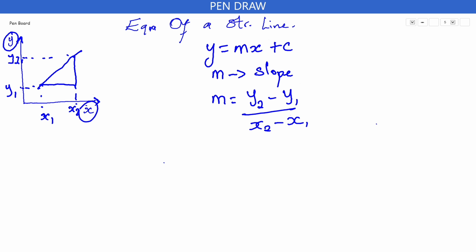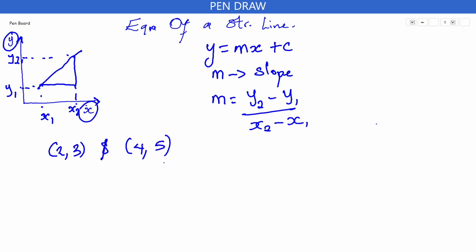So let's say they ask us to find the slope of a straight line having these 2 points. Don't forget, before you can have a slope you must have 2 different points, and a point has both an x and a y value. Let's say the points are 2 and 3, and 4 and 5.